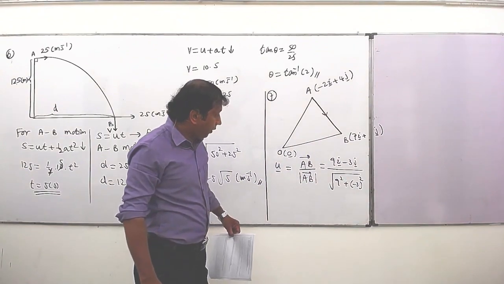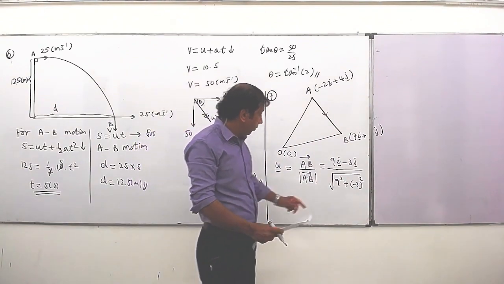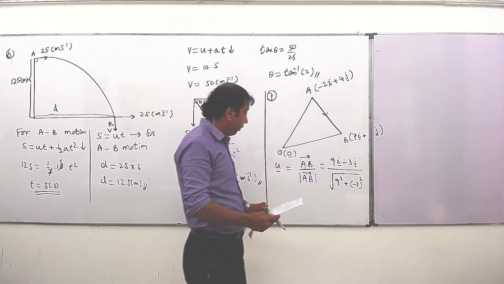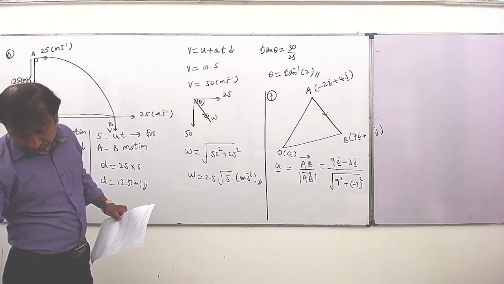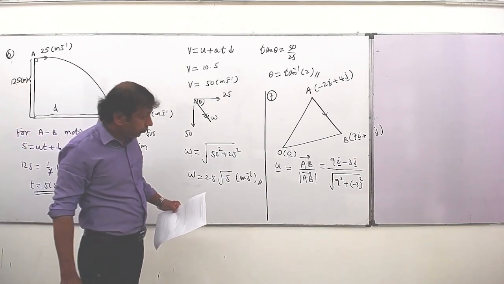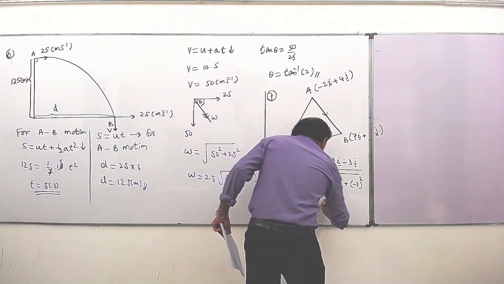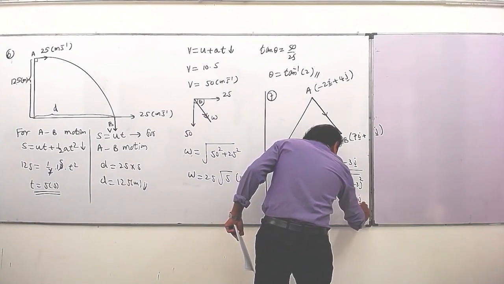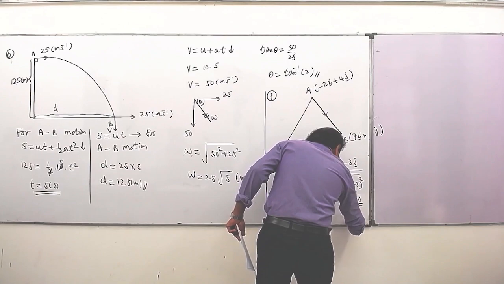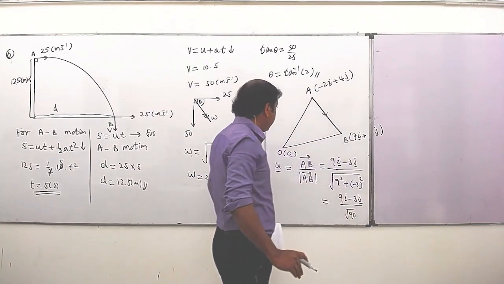Simplifying this, we get 81 plus 9, 90, root 90. Okay. 9i minus 3j divided by root 90 is the unit vector.